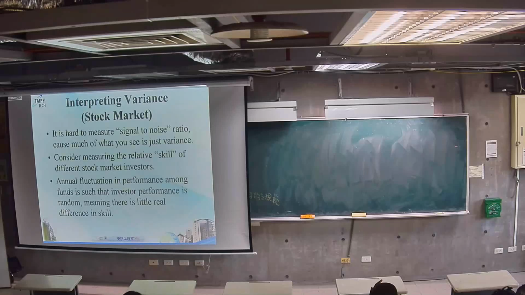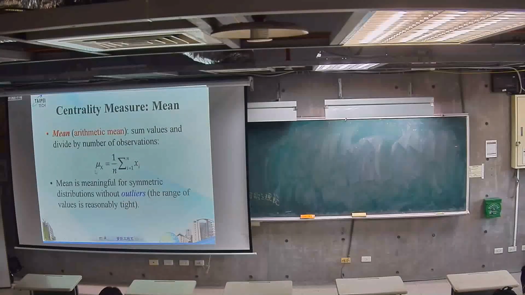They try to describe the distribution of the data, or how far the data is from its center. So let's talk about these two types of statistics, or aggregates. First, the central tendency measures. We also call it the centrality measure.